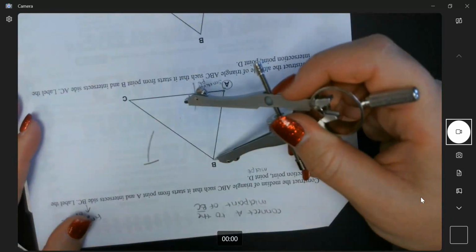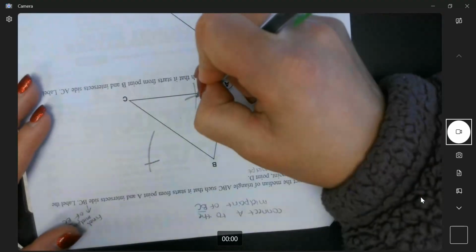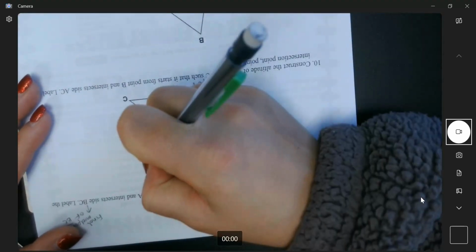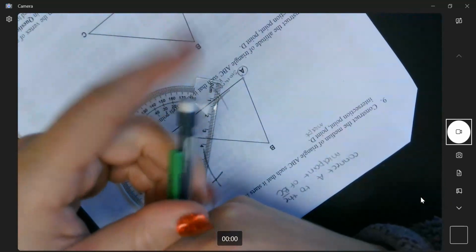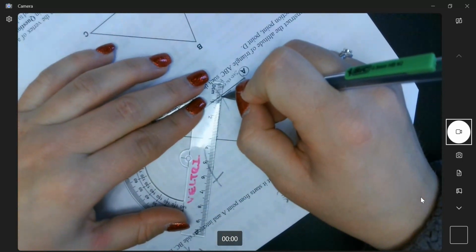Oh, see, my arc on the other side wasn't long enough. Let's fix that. There you go. Now we see the intersection point. So I'm going to make a point here, one here, and I'm going to just take my pencil and connect these two.